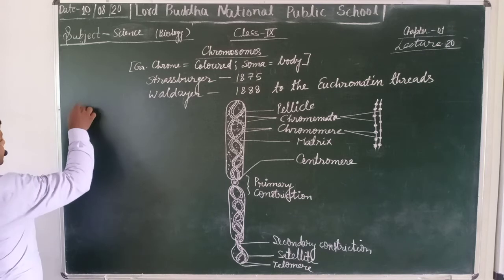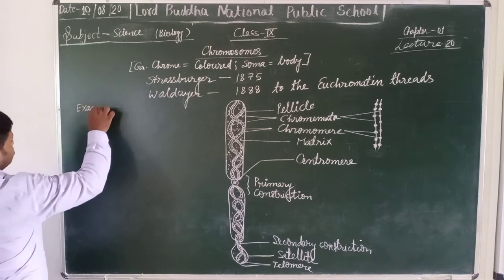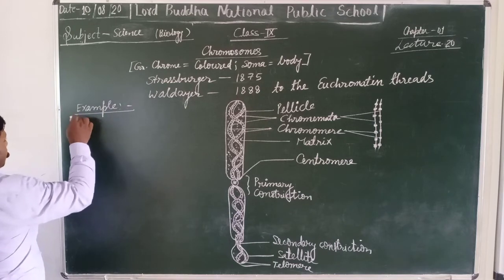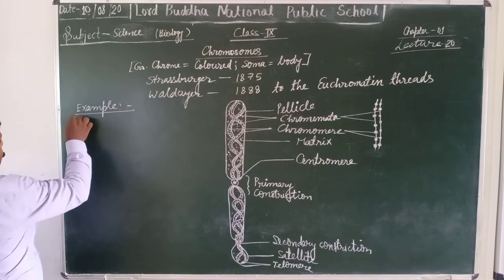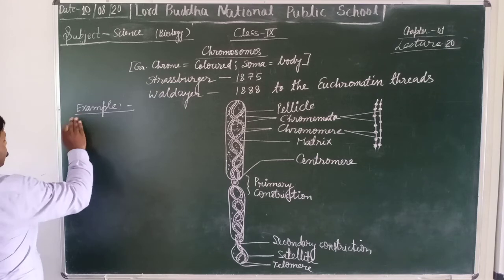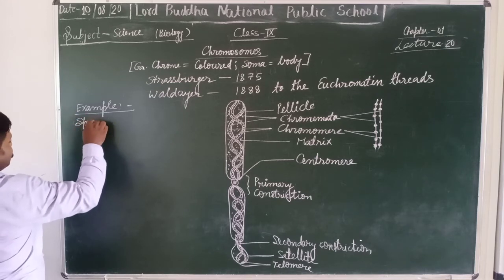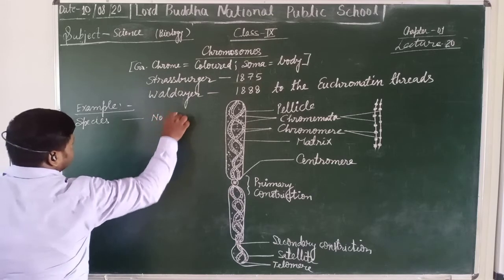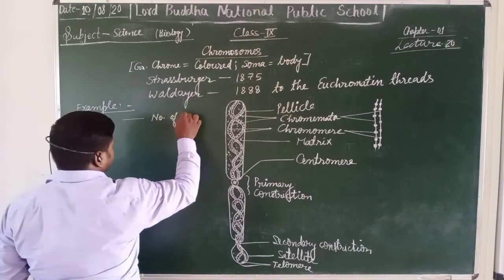First I take the example of human. Here I name the species, or you can write here species and number of chromosomes.